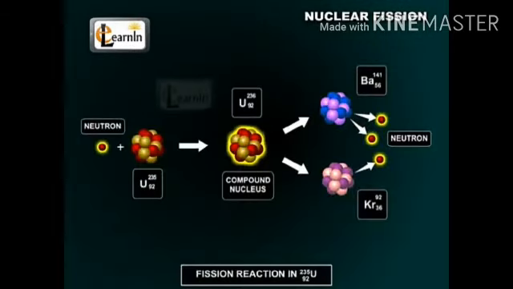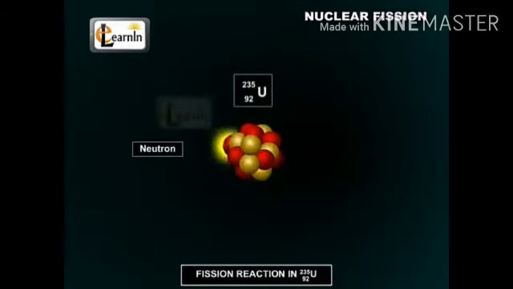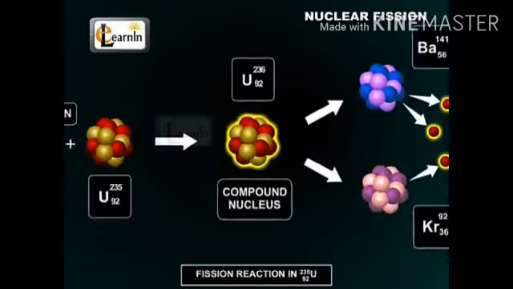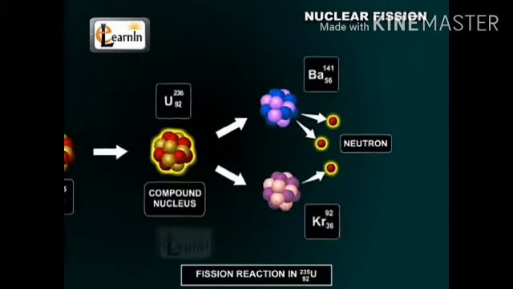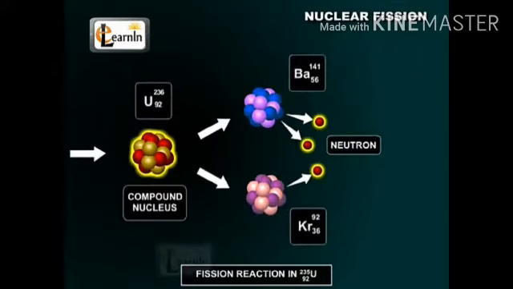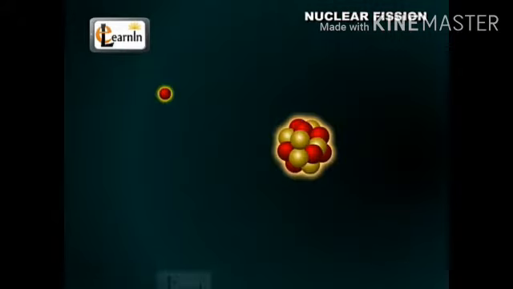For example, the unstable nucleus uranium-235 is hit by a neutron. That nucleus is divided into two lighter nuclei, barium and krypton, and also releases three free neutrons.